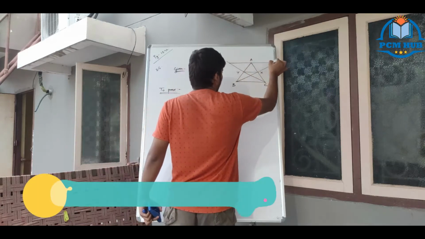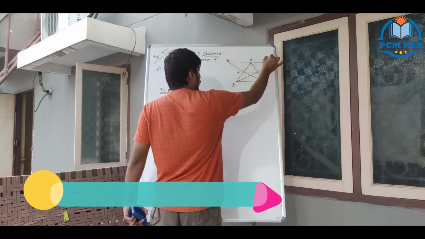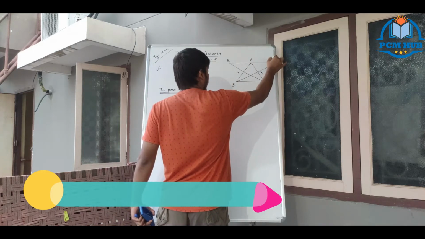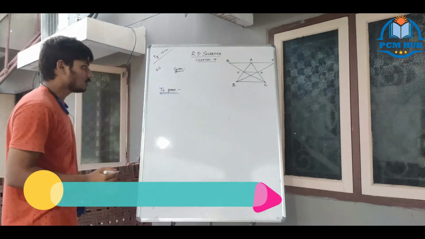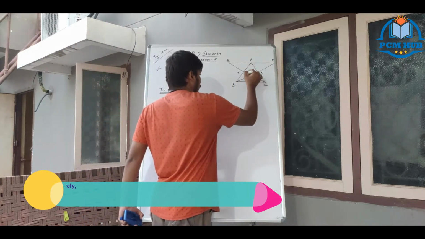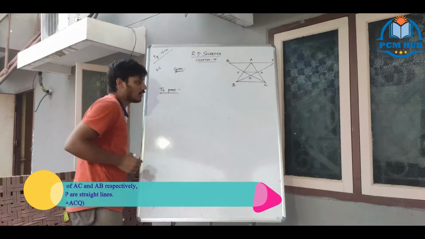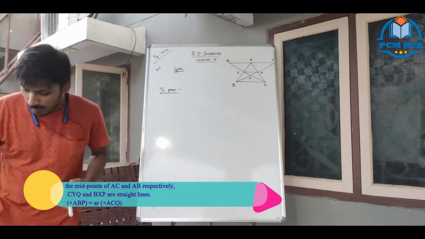What are these points known as? Q, P. The intersection is O, the intersection of BP and CQ. Okay. Given this, I will read the problem once.